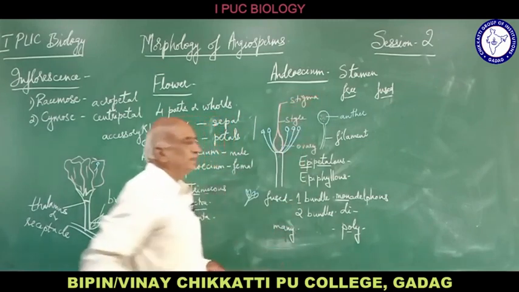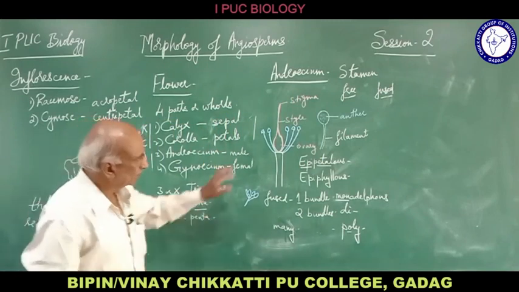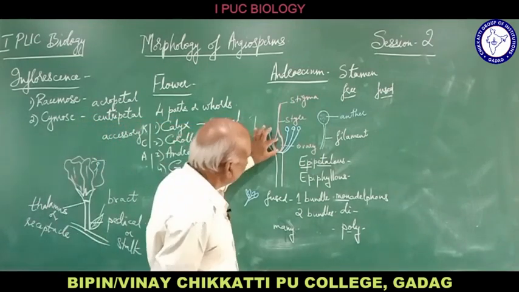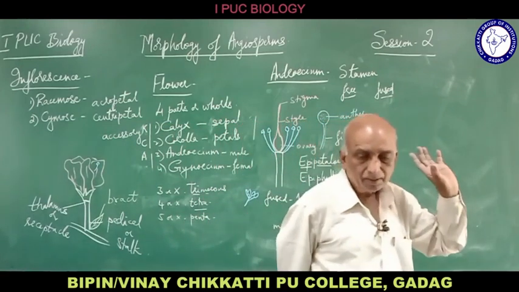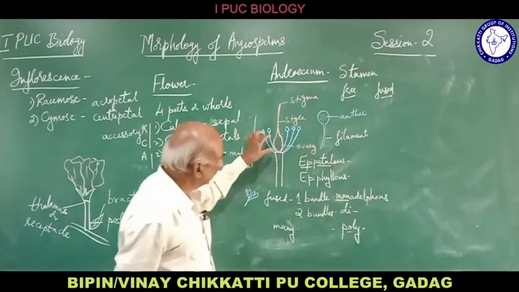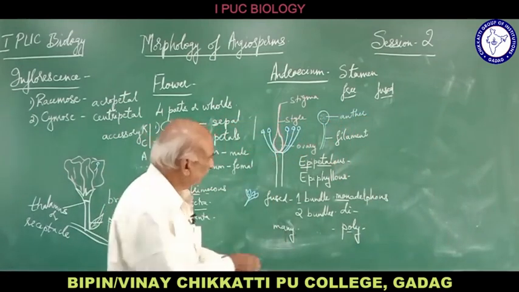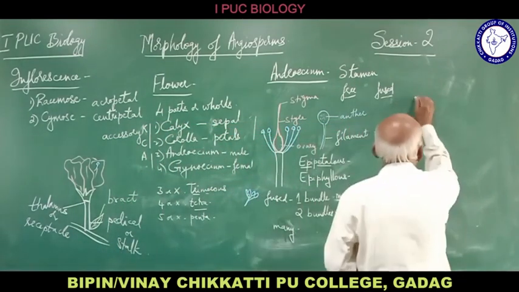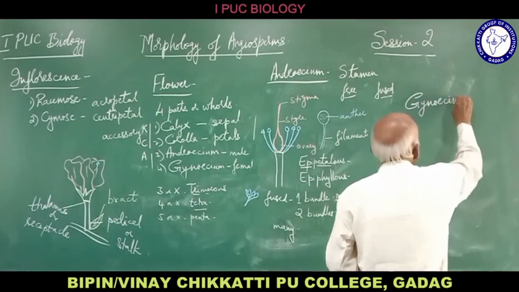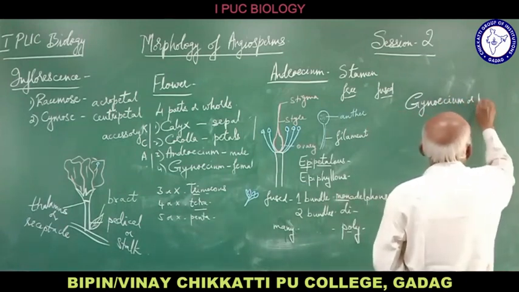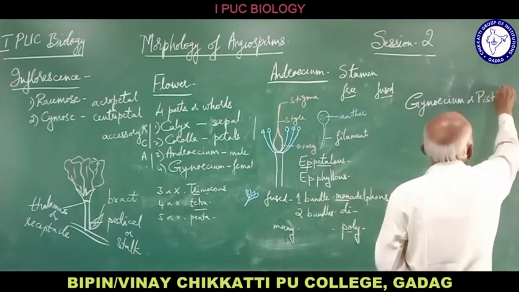So basically we have studied about this. This ovary is the swollen basal part of the gynoecium. The gynoecium is also called pistil.